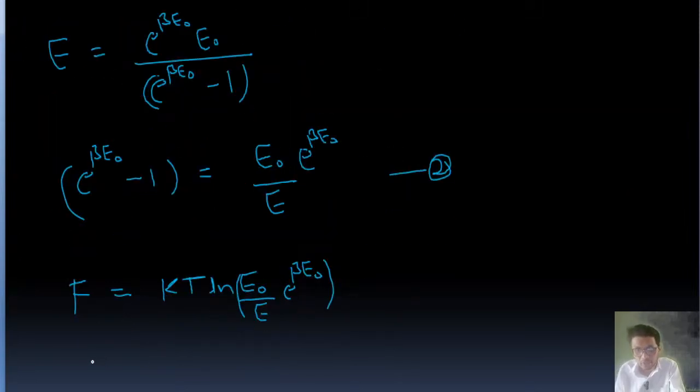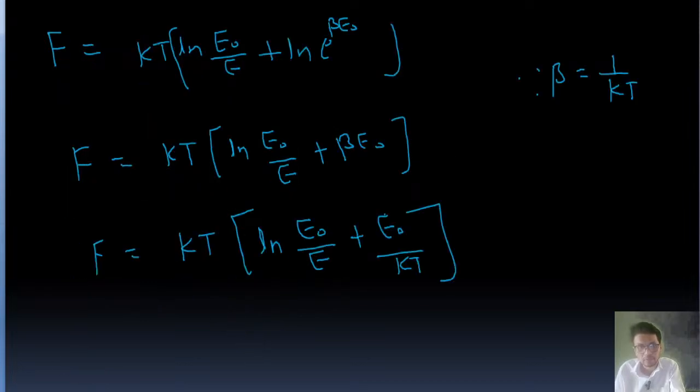So this is going to be KT ln. The value of F I'll write on the next page. We can write F equal to E naught, KT will get cancelled for this, right? E naught into, and we can use the log property, so minus ln E upon E naught.